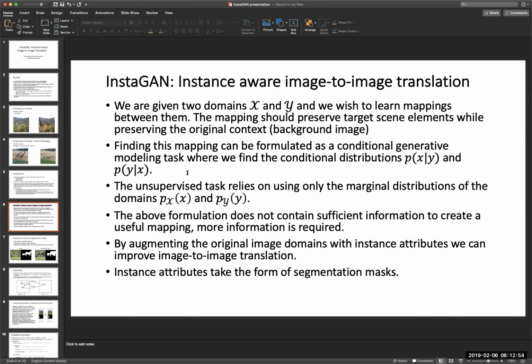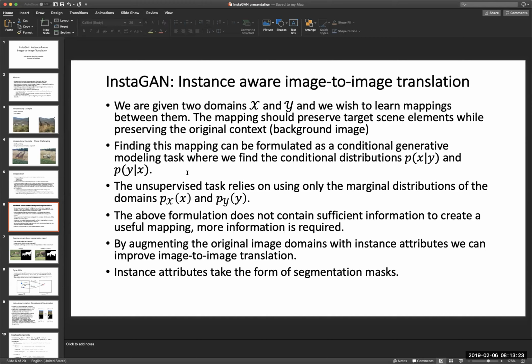So finding this mapping, you can formulate it as a conditional generative modeling task, where we would try to find conditional distributions: the probability of X given Y and the probability of Y given X. If we can find those, then we would have a generative model.